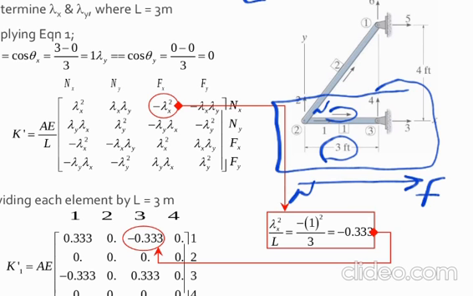XF means the end of the member. This is 0, 0, and this is 3, 0.